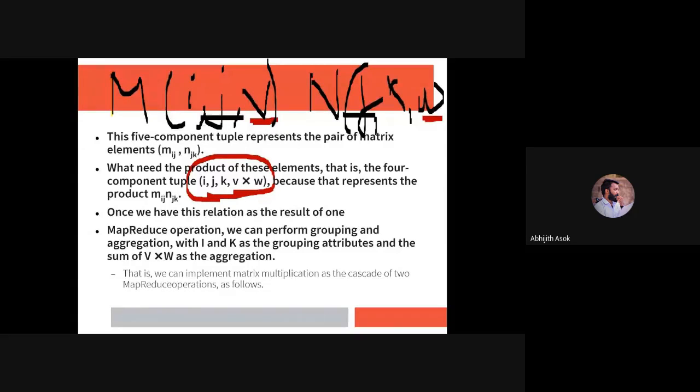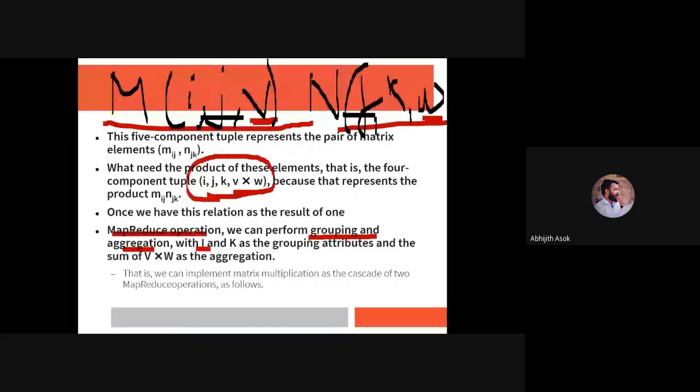That means we are performing the multiplication of M and N. Once we have this relation as the result of one MapReduce function, we can perform grouping and aggregation with i and k as grouping attributes and the sum of v times w as the aggregation.